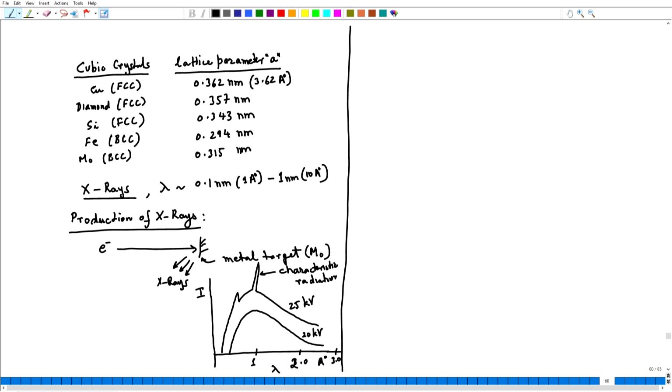And this characteristic radiation has a very specific wavelength, which is a signature of the target metal that we are using.